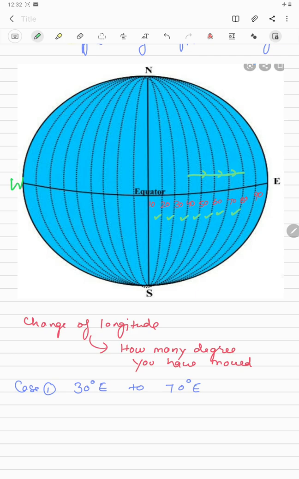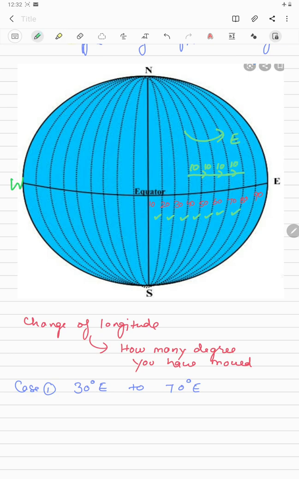Now guys, in doing so, you have seen that we are actually moving in the easterly direction. Now guys, moving from 30 degree to 70 degree, how many degrees have we moved? From 30 to 40, we have moved 10 degree. From 40 to 50, we move another 10 degree. From 50 to 60, another 10 degree, and from 60 to 70, another 10 degrees.